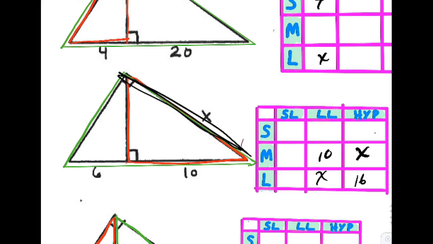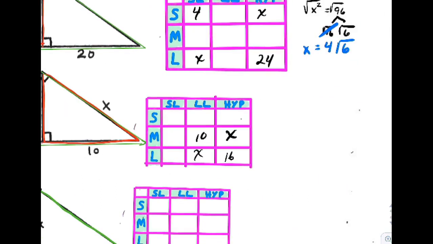This is really the long leg of the large, and that's the hypotenuse of the large. So we have x squared equals 160. So now we have to take the square root of 160. And what perfect square goes into 160? Right, 16. So it's 16 and 10, which becomes 4 radical 10. We had a 16 and a 10 in class today, so that's a similar example.